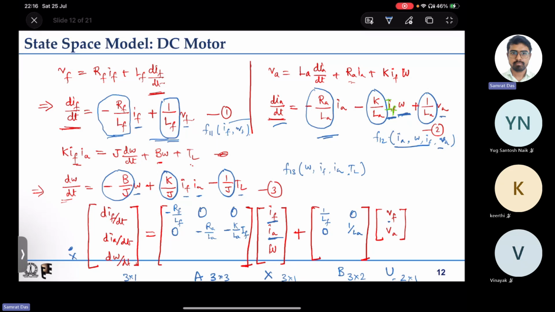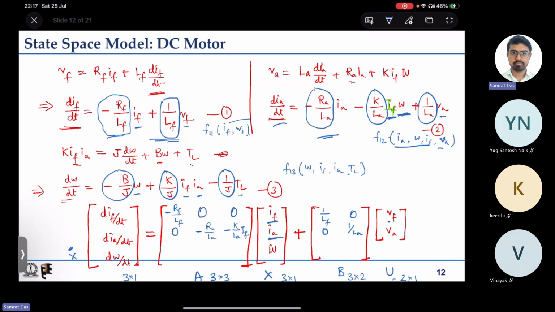This second equation is only with the assumption that if has already reached steady state and there is no change in field excitation during the time of operation of the motor.